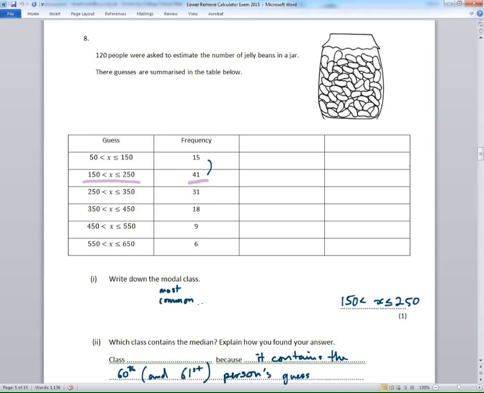Okay, there are 120 people who made a guess of how many jelly beans were in the jar, and so we can find out which group the 60th person was in. We find that there were 56 people up to 250, and so the 60th person must be contained in that group there, the 250 to 350 group.